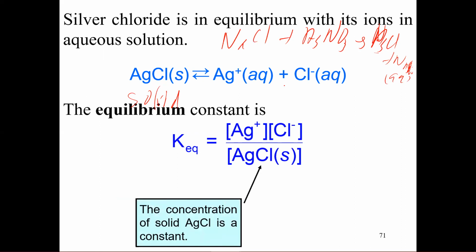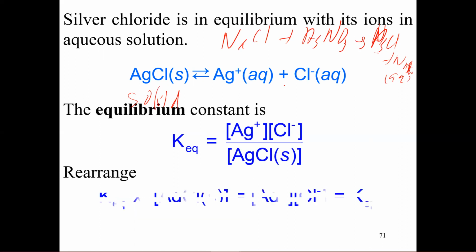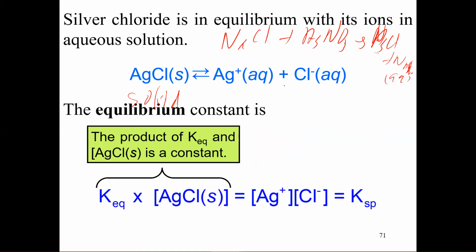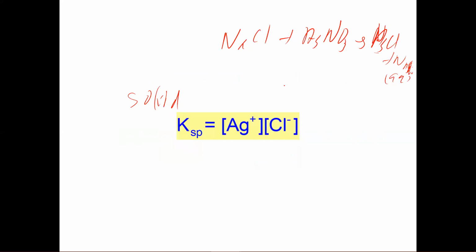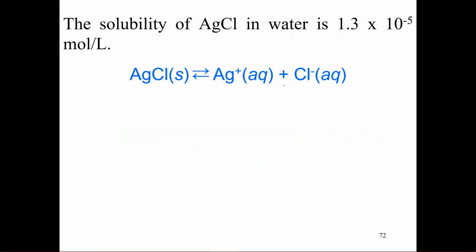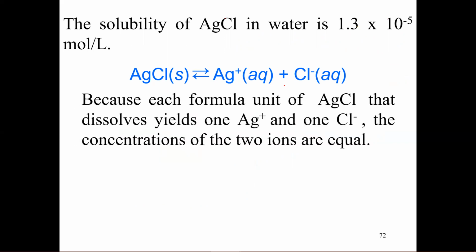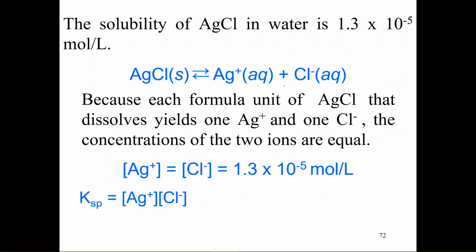The amount of the solid is a constant, so you can rearrange that, and the Ksp is equal to the silver ion concentration times the chloride ion concentration. The solubility of silver chloride is 1.3 times 10 to the minus 5, because for each formula unit that dissolves, the concentrations are equal for both.